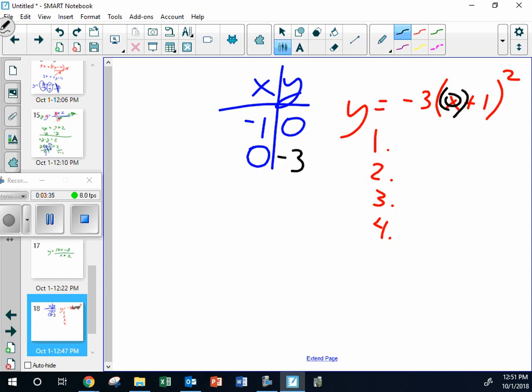I want you to use logic here now. If I have -1, 0, dot, and 0, -3, dot, and then my other points do this, do you get the feeling something's wrong? Yeah, it's not passing the vertical line test. So that would be a problem. That can't be right.